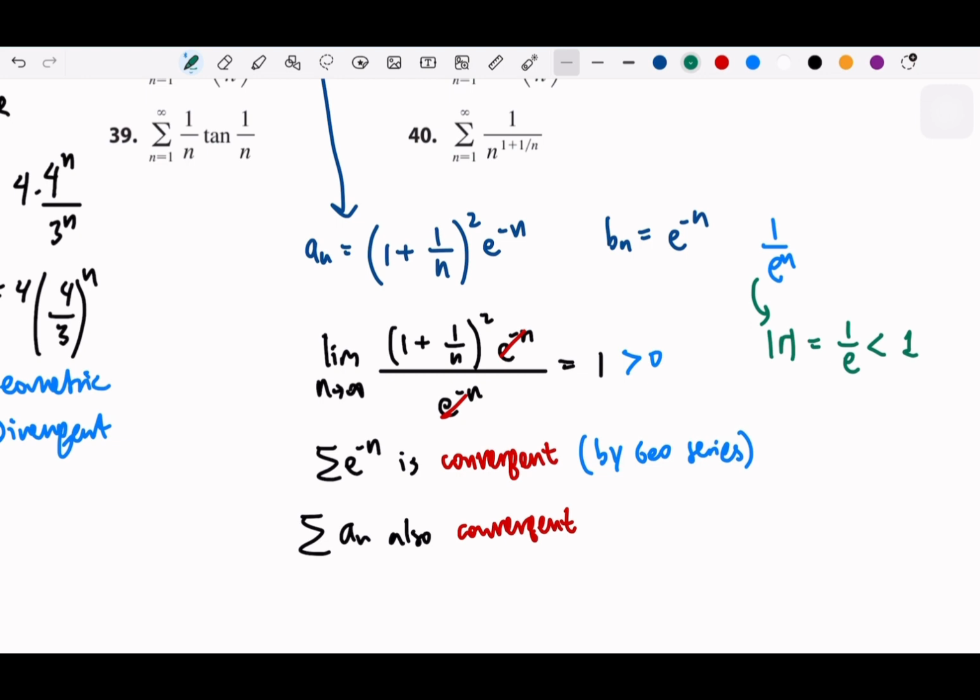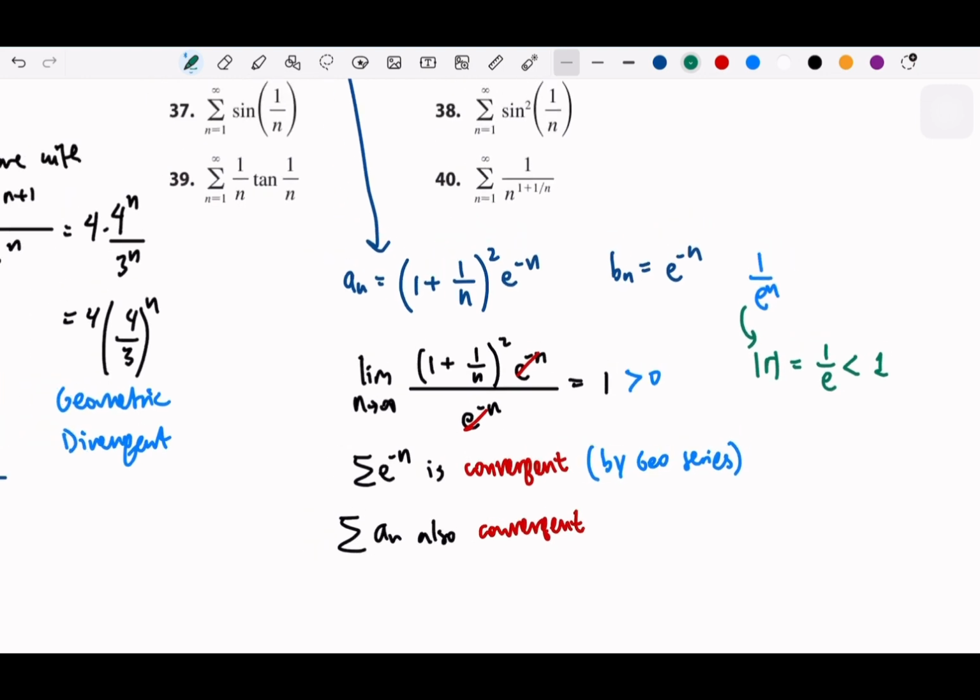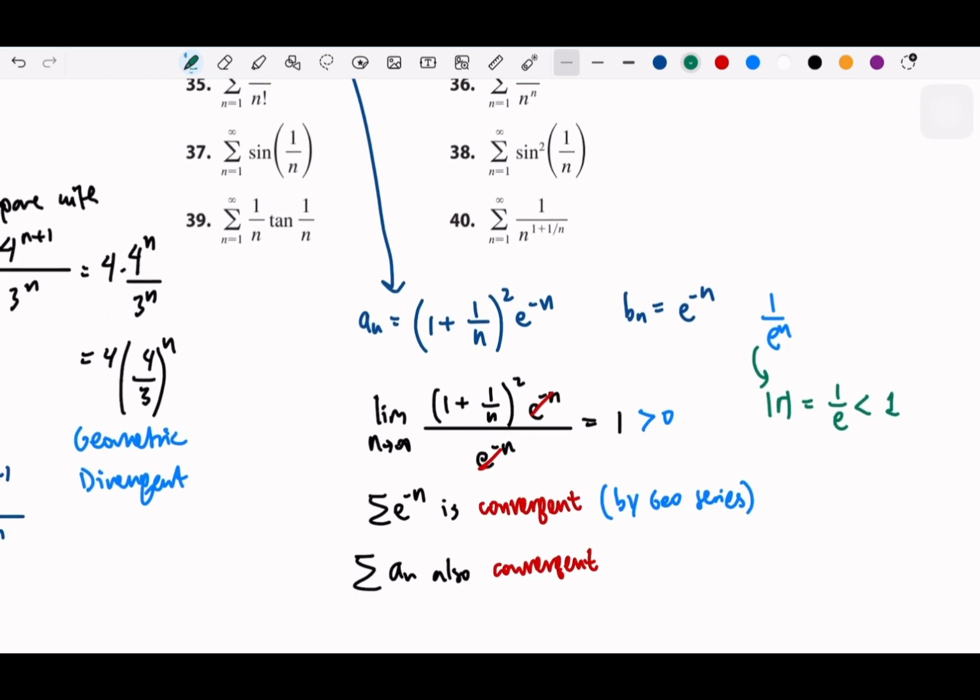And sometimes, let me get up here. If you see number 37, we have sine 1 over n. If you remember in the limit, we have some special property.